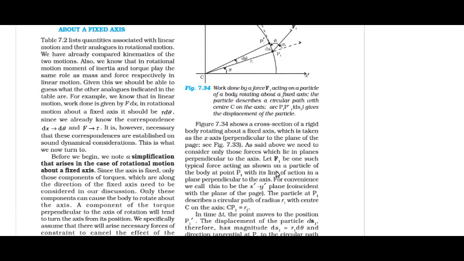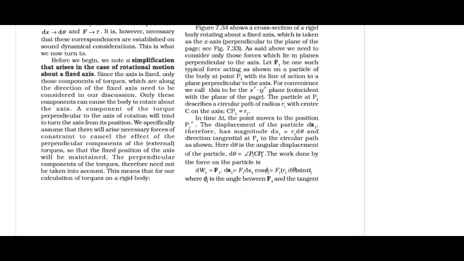The particle at P1 describes a circular path of radius r1 with the center C on the axis; CP1 is equal to r1. In time delta t, the point moves to the position P1'. The displacement of the particle, ds1, therefore has magnitude ds1 equal to r1 d theta and direction tangential to the circular path as shown.